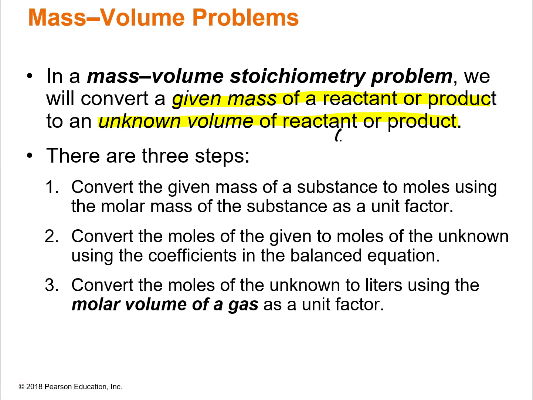That reactant or product will always be a gas because that's the only thing that we do volume with. Let's give an example. Say that we have our same little equation, but this time C is a gas.